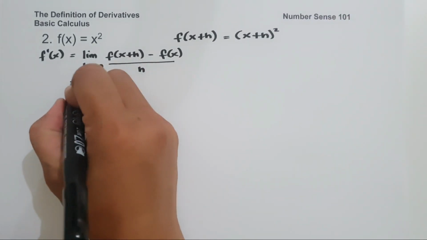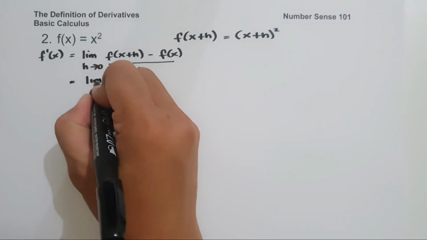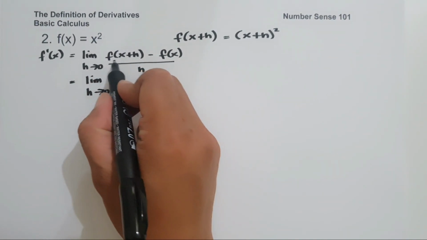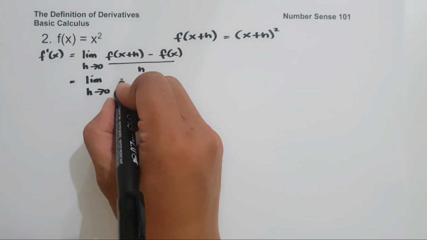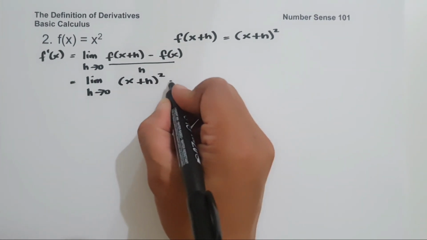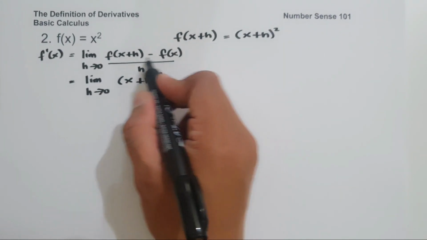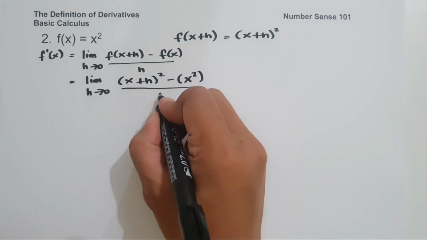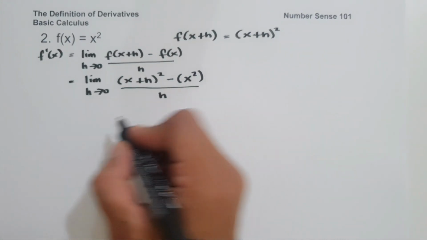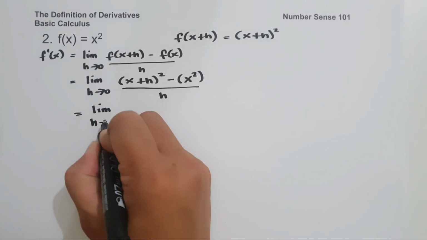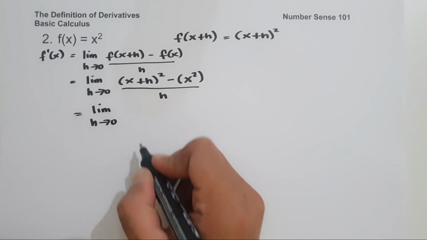So let us have now the limit as h approaches 0 of f of x plus h, that is the quantity x plus h squared, minus f of x, that is x squared, all over h. And to simplify, let us write the limit as h approaches 0.